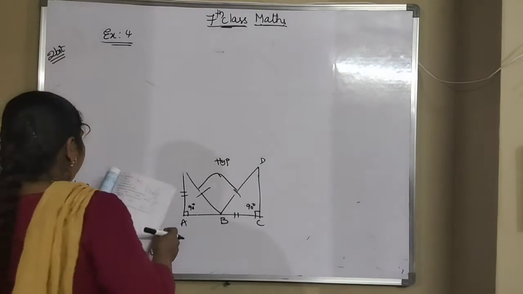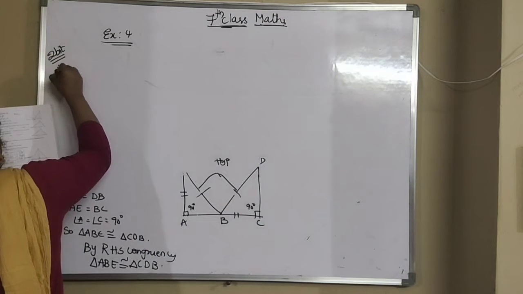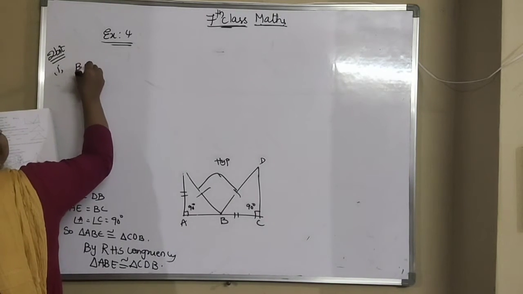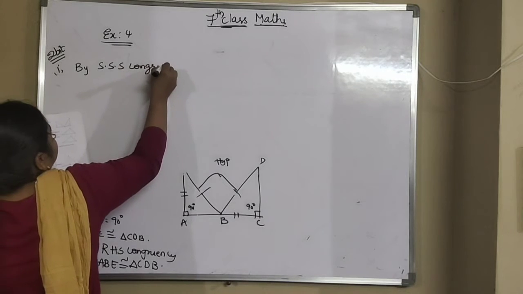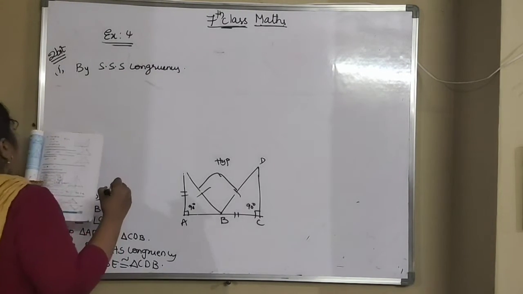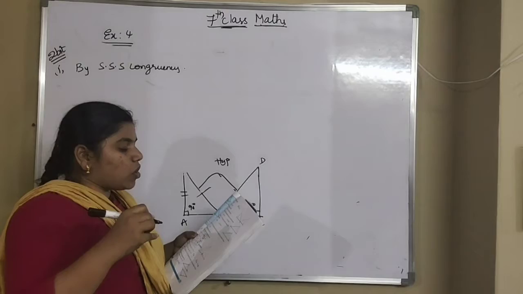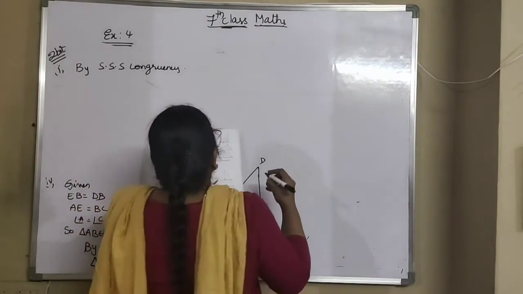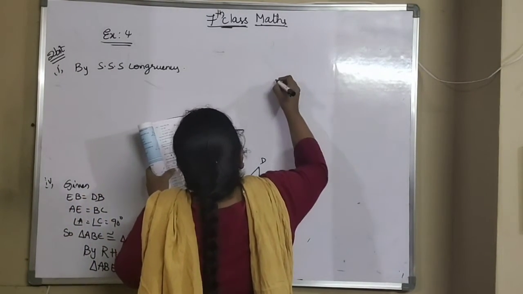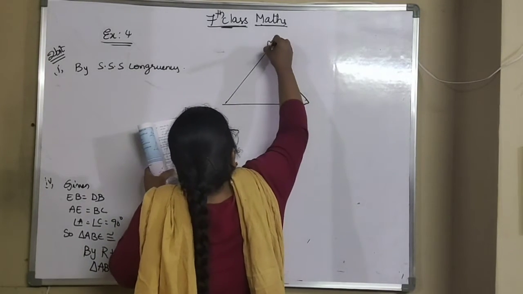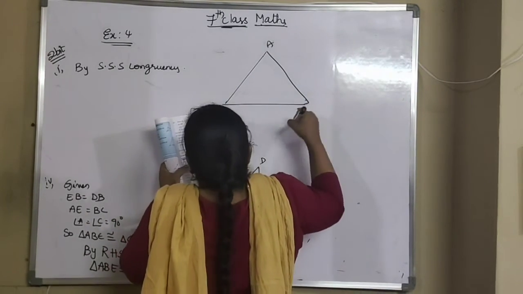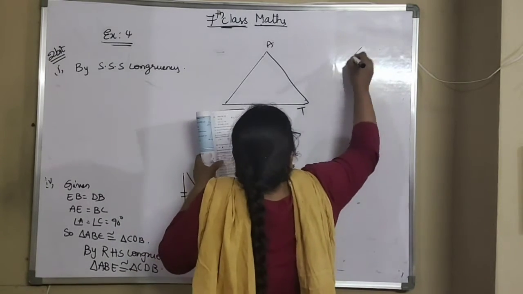So in this first one they have given by using SSS congruency, it seems. Here, for ART and PEN, they have given one figure.